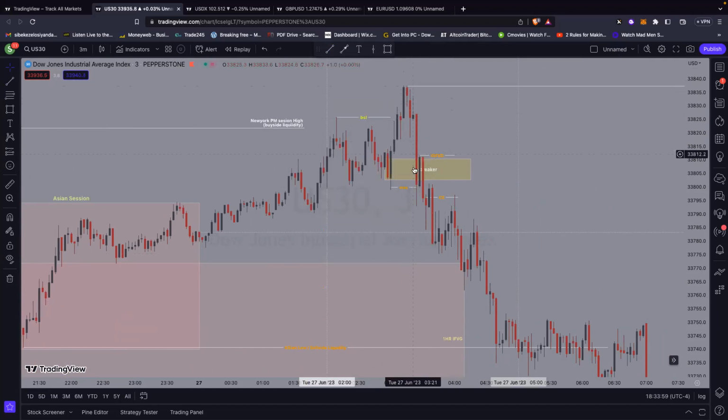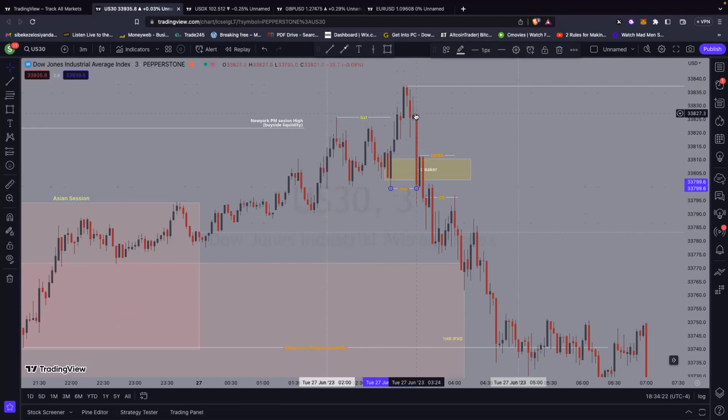And then from there, we dropped lower, creating a bearish market structure shift here because we're now taking out the intermediate low, the low of the high. This is the low of the high that took out buy side. Not any low, not just any low, okay? You take the low of the high that took out buy side liquidity.